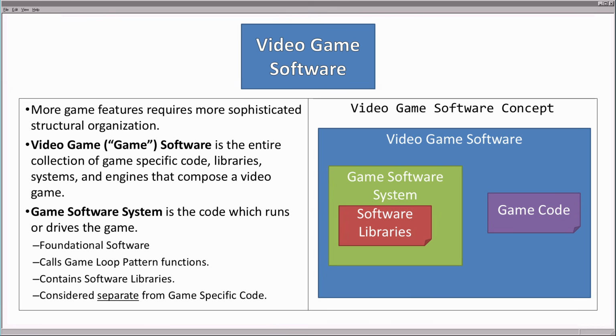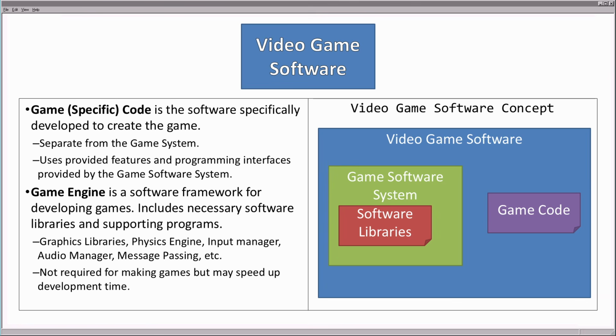Typically, it is foundational software that calls or invokes the game loop pattern functions that we write in the game-specific code. It contains software libraries used to write the game-specific code. However, this is commonly considered separate from the game-specific code, as mentioned, that it is foundational code that we build our specific game from.